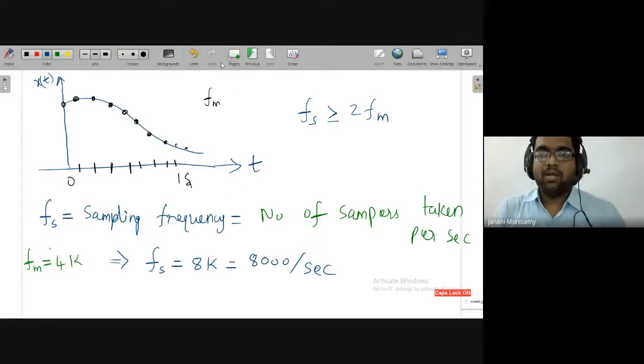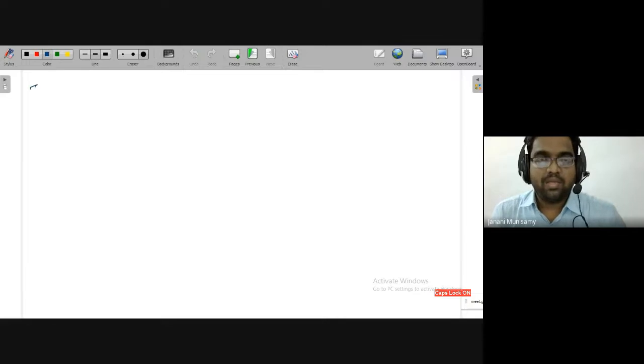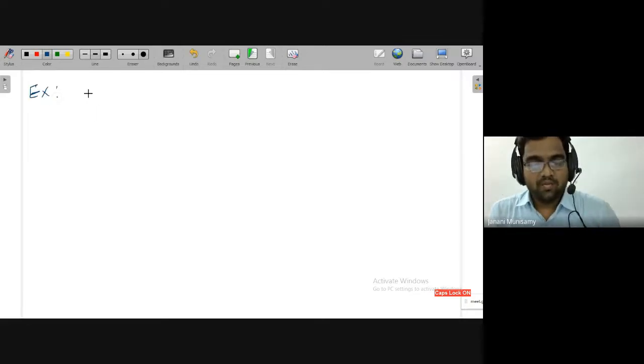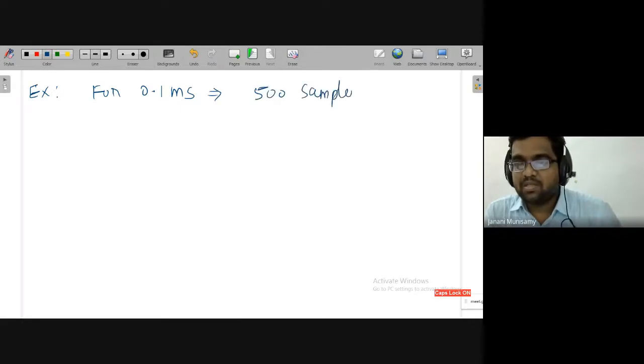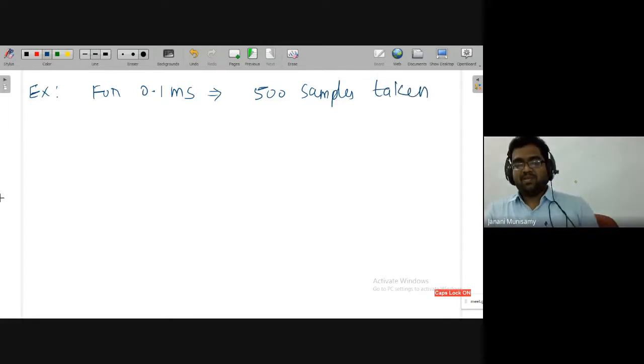Say, for example, in some problem they give an example. In a particular conversion technique, PCM, they have taken 500 samples in 0.1 millisecond. Then what is the sampling frequency? They have not mentioned 1 second.